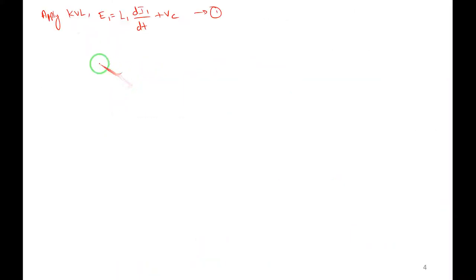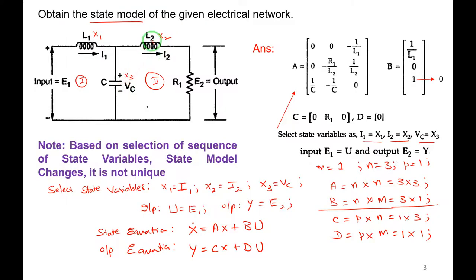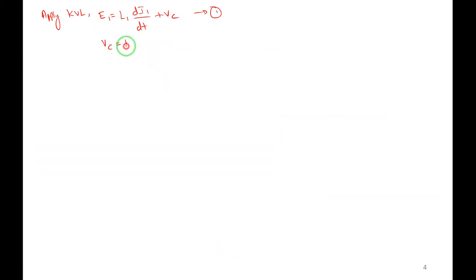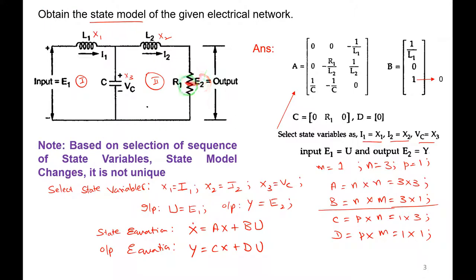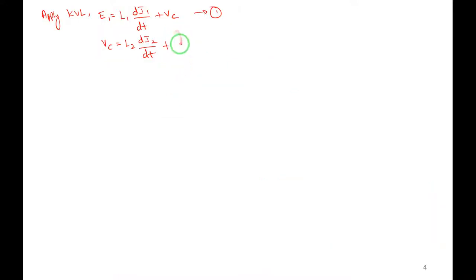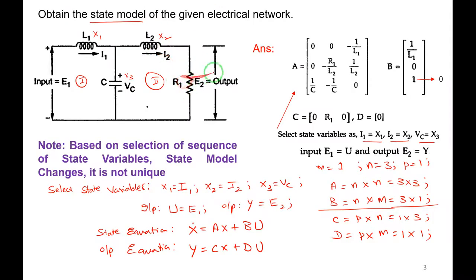So Vc, the voltage across the capacitor, is equal to L2 into di2 by dt plus, directly I can write this output, or else I can write I2 into R1. Is it fine? I2 into R1.